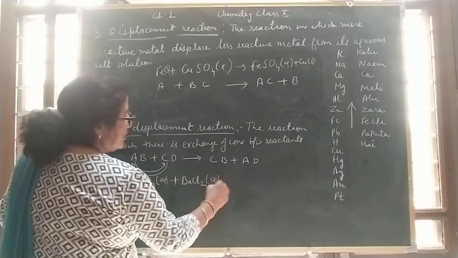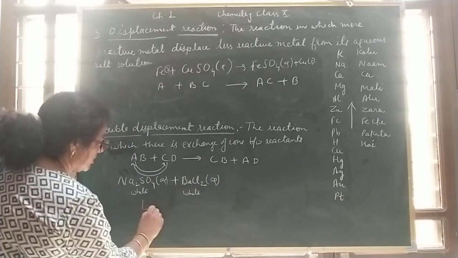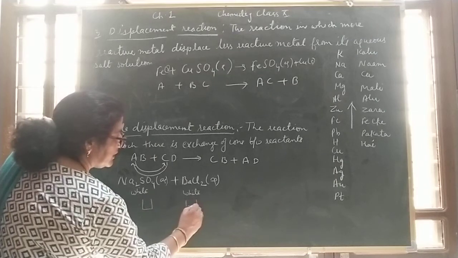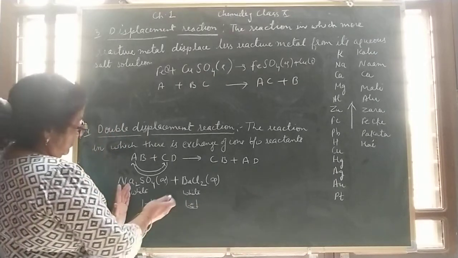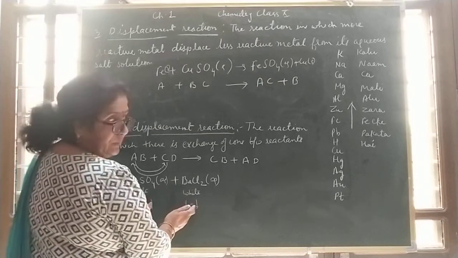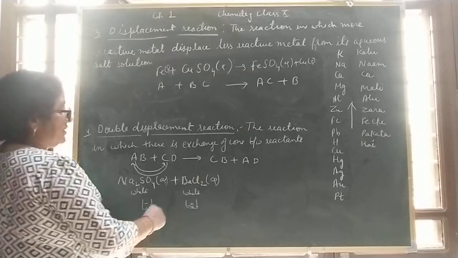Again in aqueous form. These two salts are white in color. If we dissolve them in a beaker, we get a transparent solution. Now take both beakers and mix these solutions with each other.